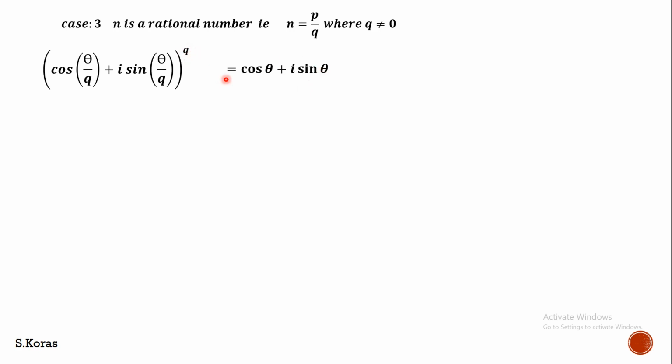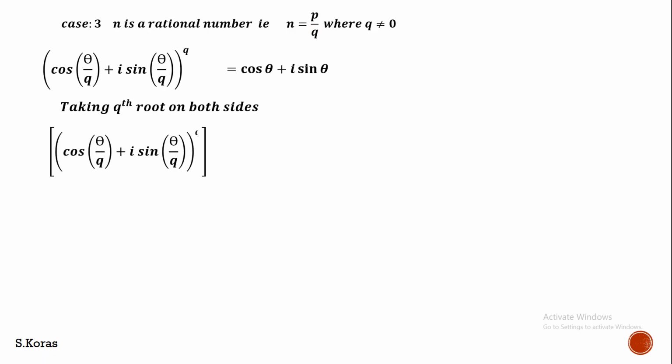Actually, our main idea is to bring (cos theta plus i sin theta) the whole power p by q. Here p is the power and q is the root. So first we are going to take the qth root on both sides.